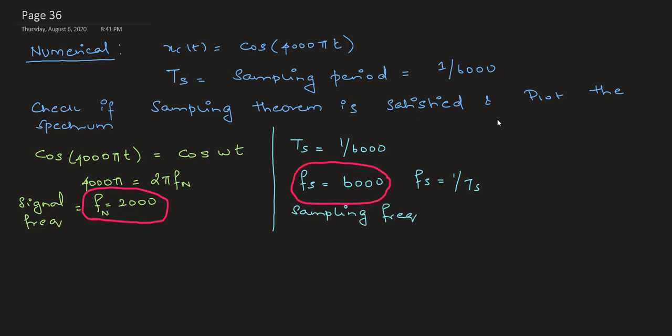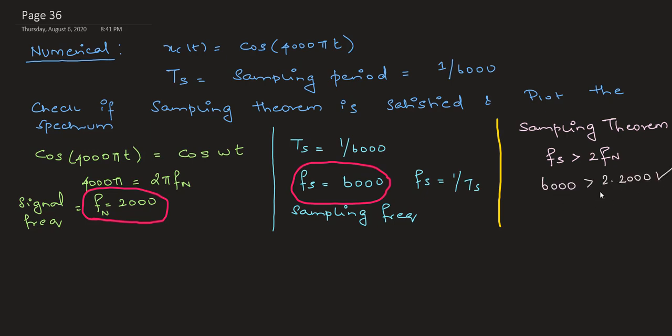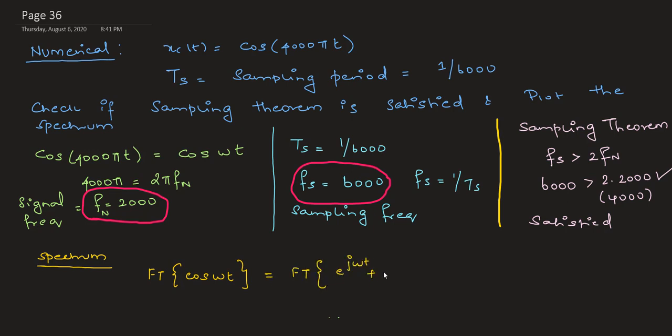Next, you are given a sampling period of 1 by 6000, from which you can calculate your sampling frequency Fs, which is the reciprocal of 1 by 6000, that is 6k. Now let us see if the sampling theorem is satisfied. Yes, Fs is greater than 2Fn, so 6000 is greater than 4000, and your sampling theorem is satisfied.